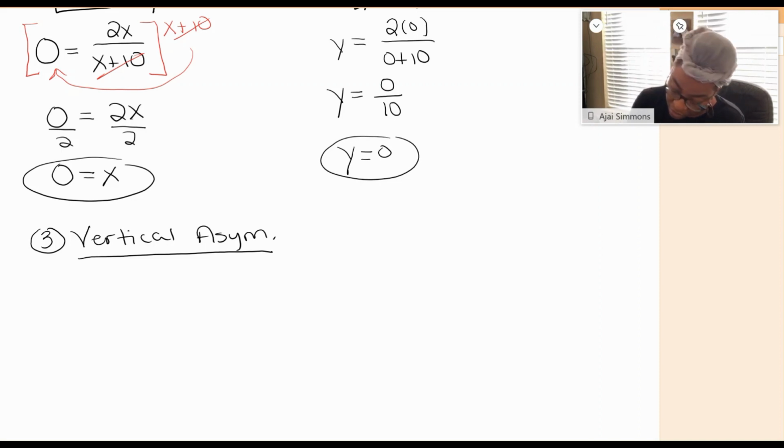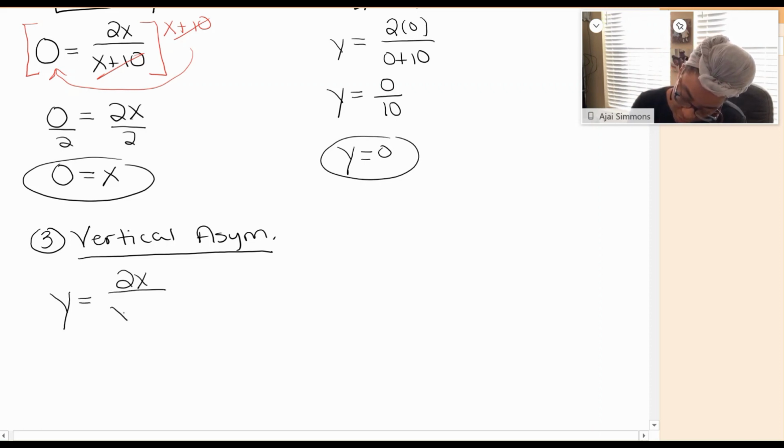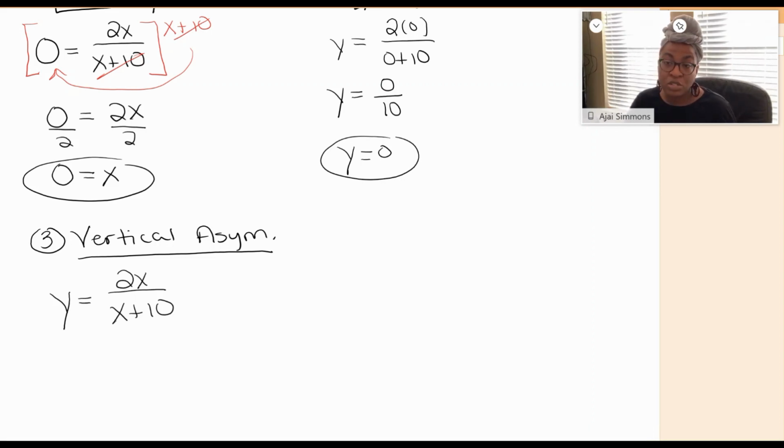The original problem said 2x over x plus 10. When I look at this problem, there is nothing I can do to reduce it. In order to reduce, you have to factor the top, factor the bottom, and see if there's anything that looks the same on the top and bottom. In this case, I don't have anything to reduce, so I can go on to the next step.